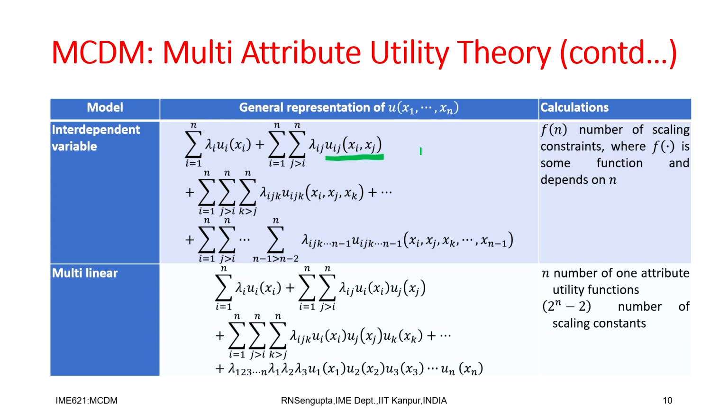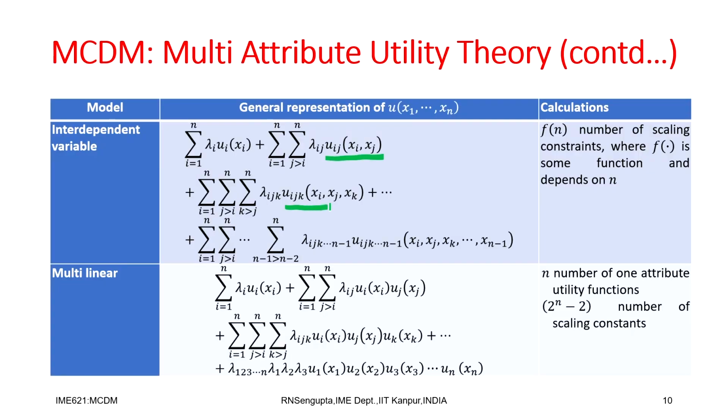Bivariate, I am using the statistical term, is basically a utility function where both the variables are x I and x j. I and j are basically the counting between I 1 to n. Similarly, if I consider the third factor, it is u I j k of x I, x j, x k. So, it is basically not independent, but they are interdependent depending on the order we are taking.